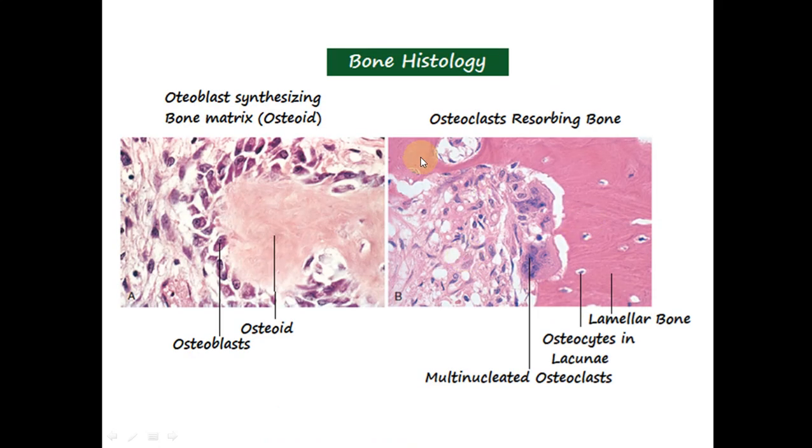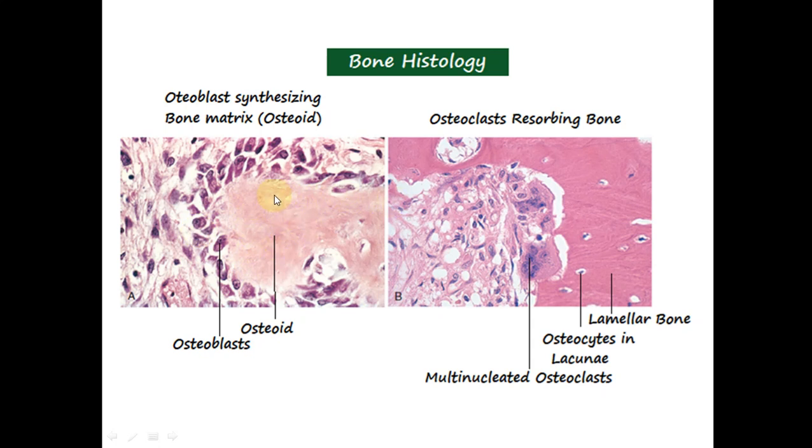Now, microscopically, we can identify bone remodeling by the cells osteoblasts, which synthesize the osteoid seam, or the bone matrix, which is made up of type 1 collagen and mucopolysaccharides, and these are secreted by the osteoblasts.